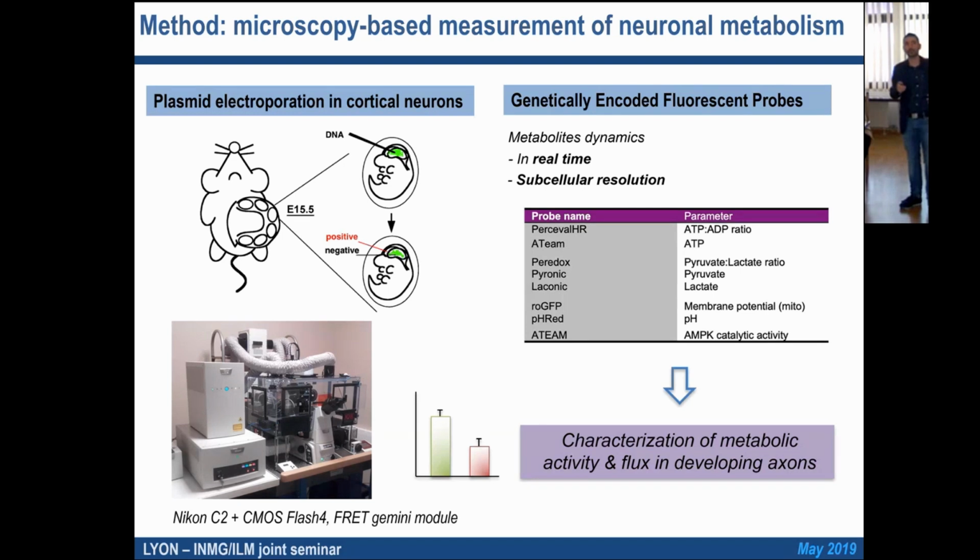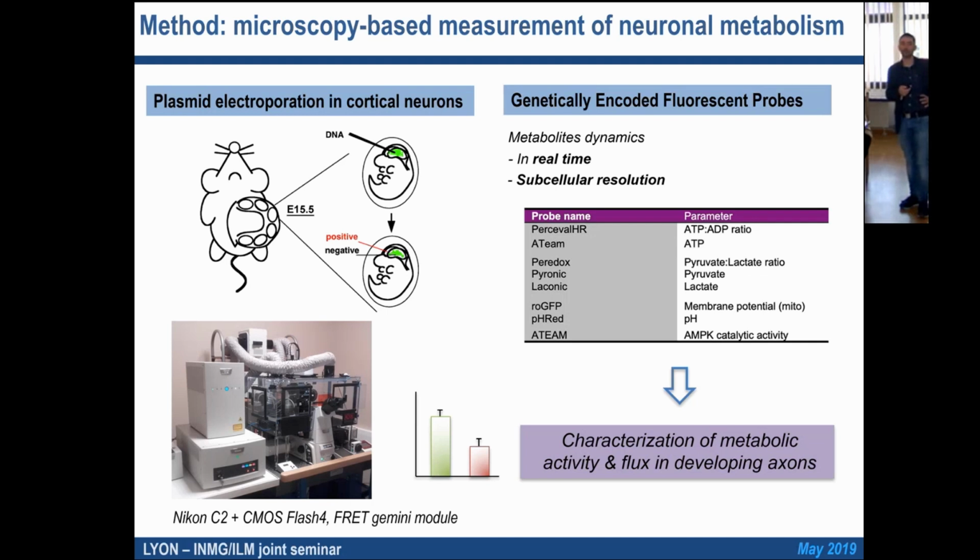Anyway, once you have that, then you can select the probes that would be adapted, and you pick each probe for every single metabolic pathway or every single metabolite that you want to measure. So in my team, we use measurements for ATP, for pyruvate, for lactate, for the ratio between pyruvate and lactate, for the ratio between ATP and ADP.